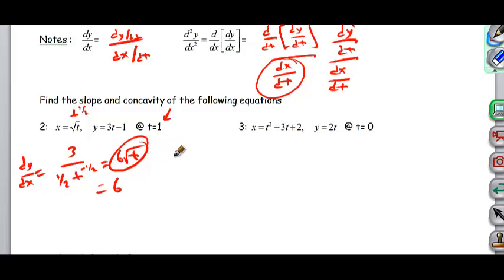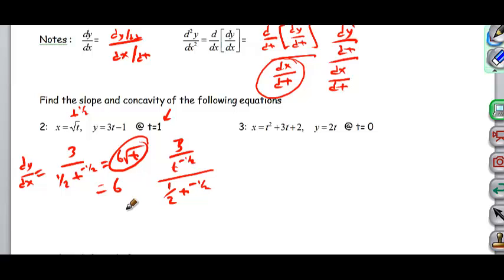So when we want to find our second derivative, we take the derivative of our derivative, which is what a lot of people want to do. So we drop down a half, so 1/2 of 6, so 3 t to the negative 1/2. And then we divide that by dx dt, which we already know is this fun thing. So divided by 1/2 t to the negative 1/2.